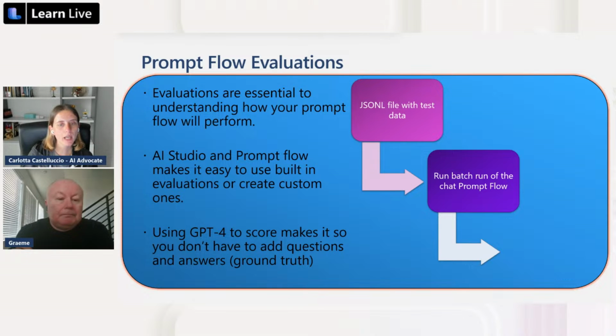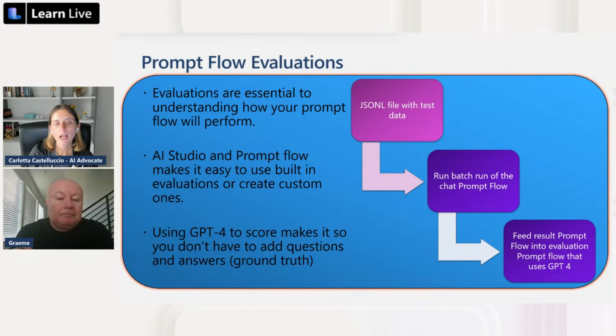Then we create an evaluation prompt flow where we tell GPT-4 how and what to score. Under the hood, we provide instructions to GPT-4 on how to look at our generated answers and measure to what extent they are grounded, coherent, relevant, and so on. Then we feed the result of the batch run to the evaluation flow to get the resulting scores.